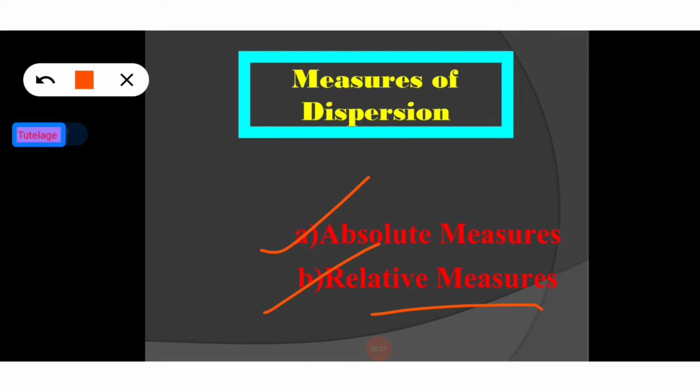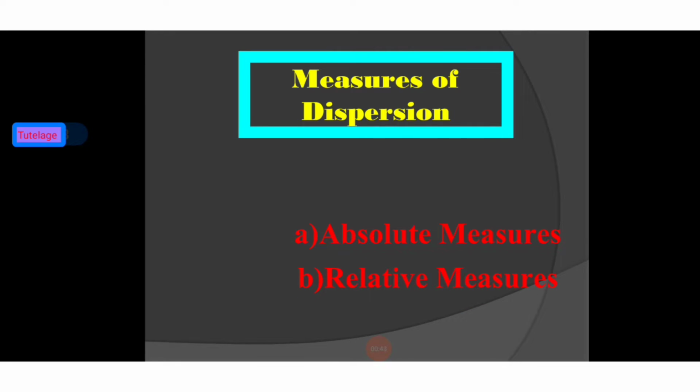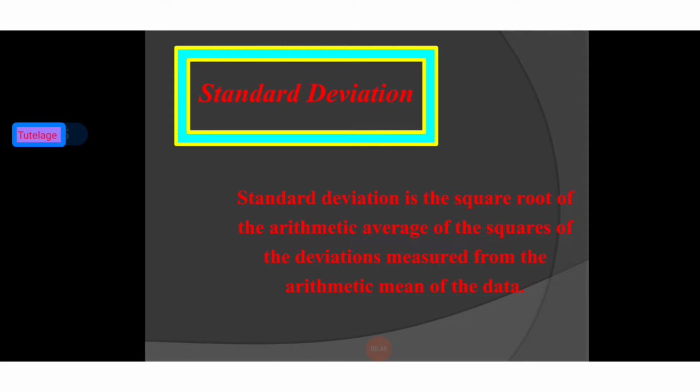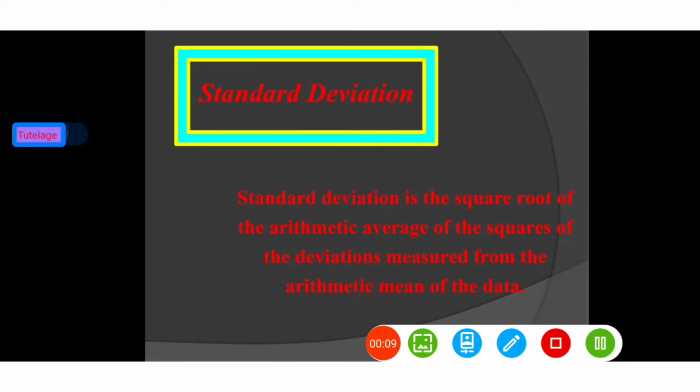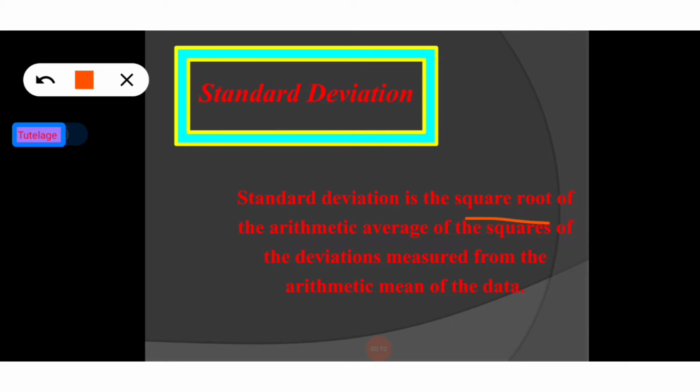At first we have to discuss the calculation process of the standard deviation, so move on to the next slide. First we have to know what we mean by standard deviation. Standard deviation is the square root of the arithmetic average of the squares of the deviations measured from the arithmetic mean of the data.